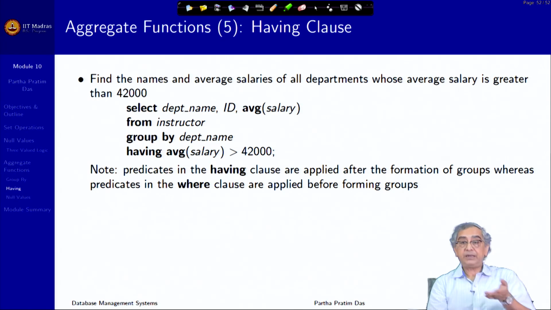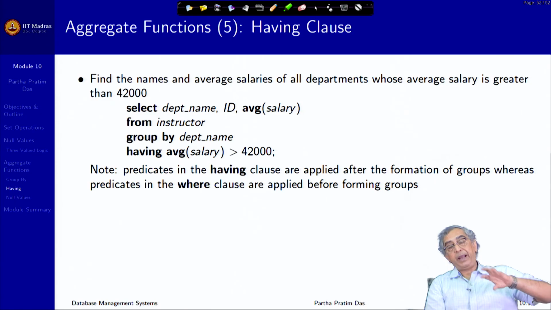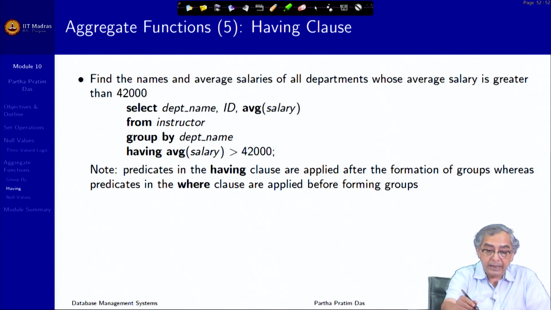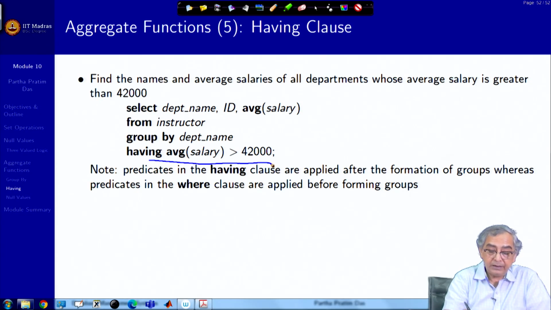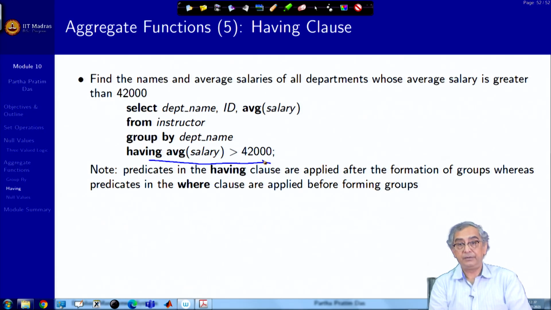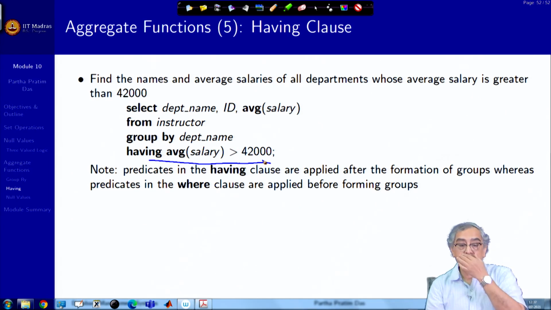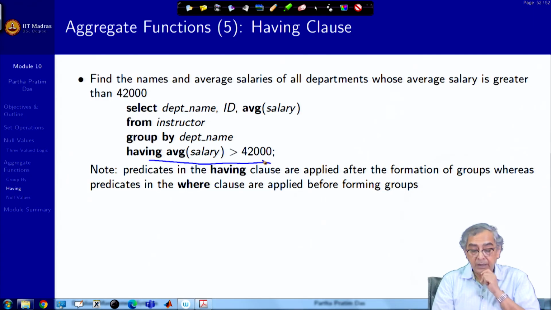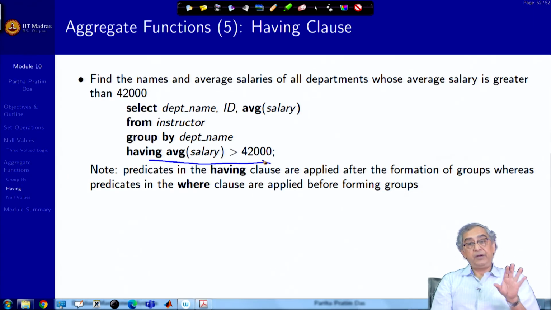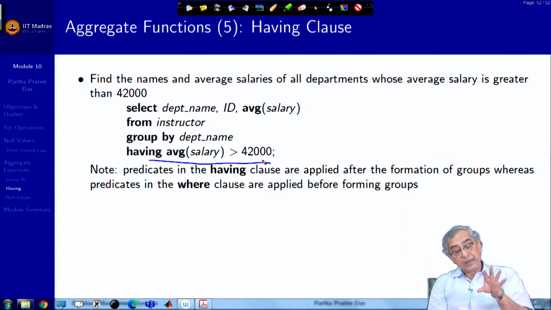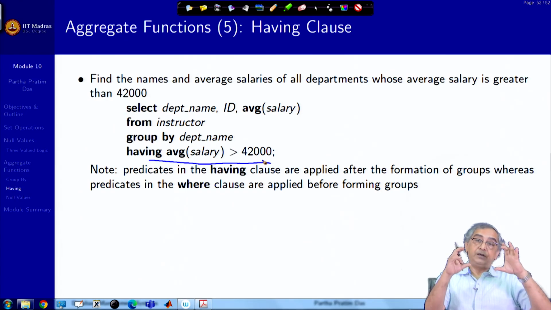Finally, there are some refinements possible on the group by. What you can do is, when you have grouped, you can say that the value may have some properties, and those properties are specified by the having clause. So, you have seen certain kinds of predicates for the where clause which are based on individual records, but the having clause has predicates which are applied after the formation of the group.